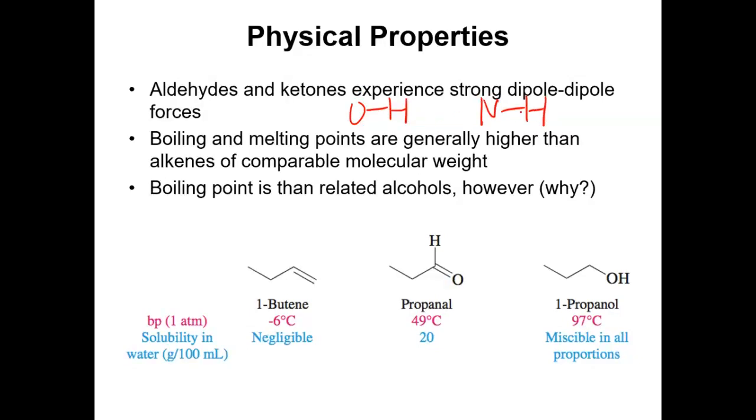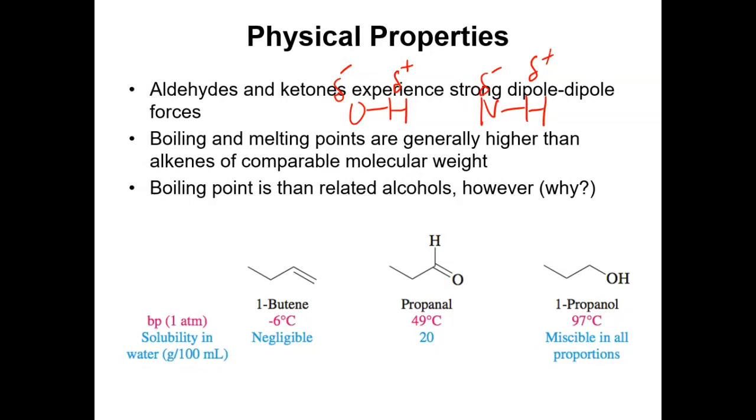Those two kinds of XH bonds are typical hydrogen bond donors because the XH bond has an appreciable dipole moment, so that can give you a relatively strong hydrogen bond.